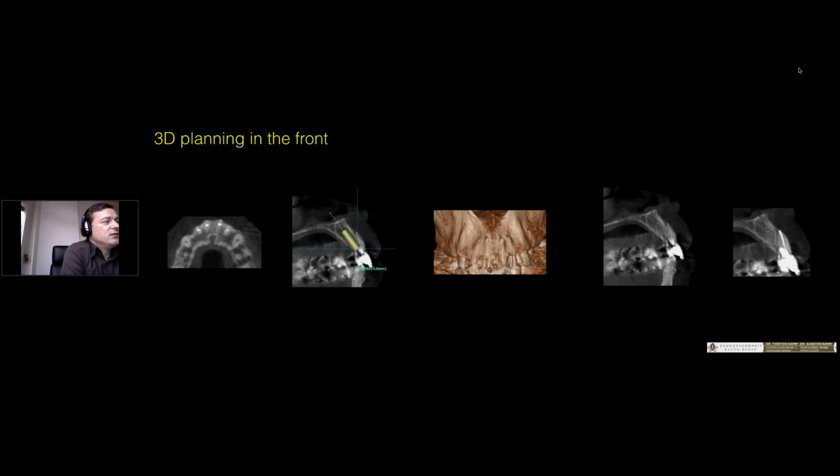I make this example because in the past you see the planning on the left side. This is the old planning. 10 or 20 years ago, all dentists put the implant in this direction. You see the angle of the teeth is different from the angle of the ideal implant axis if you put the implant totally in the bone.